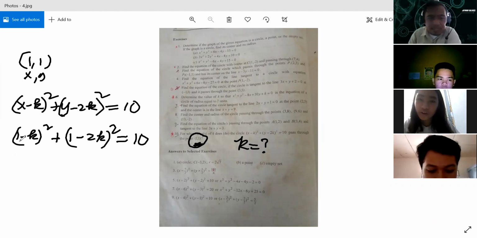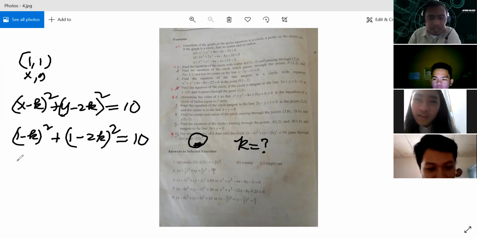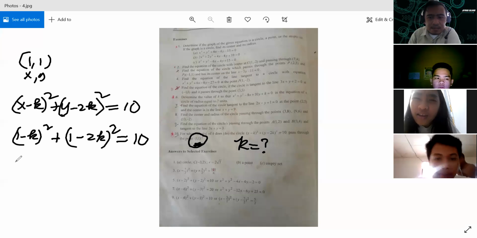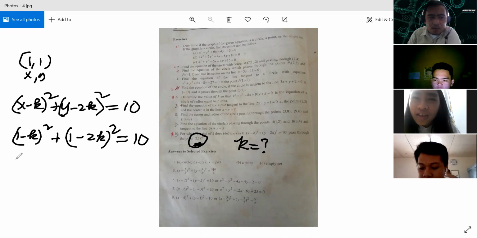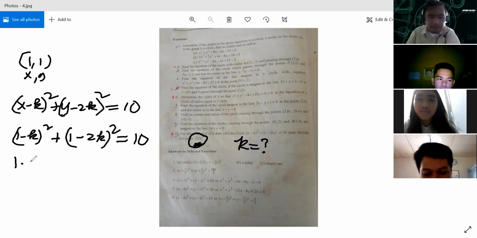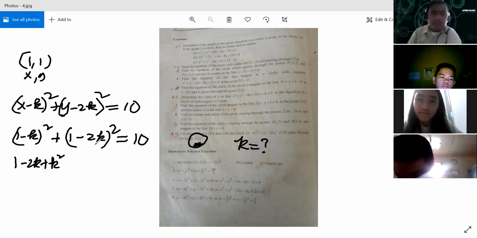K squared minus 2K. The third term, 1 man di ba? So it will be 1 squared or simply 1, right? Minus 2k, twice the product of the 2 and square of the last term, right? Yes, sir.